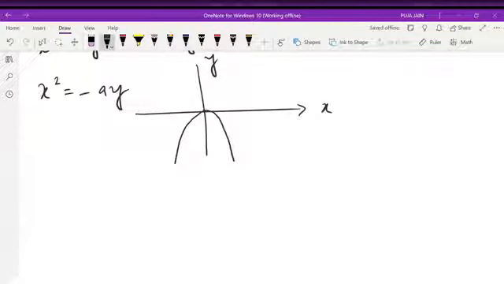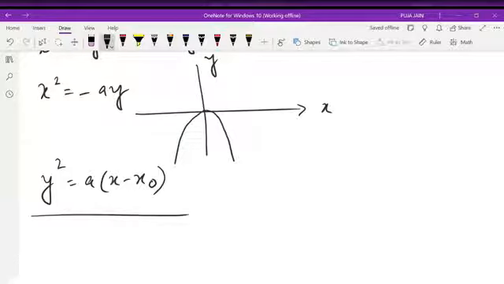Since I am discussing all the parabola graphs, I will discuss a few more. Suppose the graph is like this, that is, our equation is like this, then at x equals 0, we are getting y square equals minus a x naught, right?